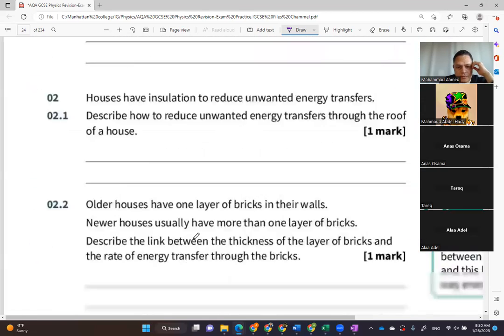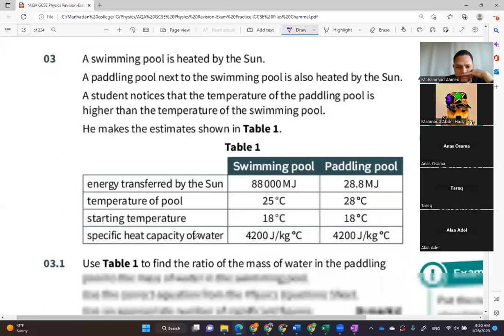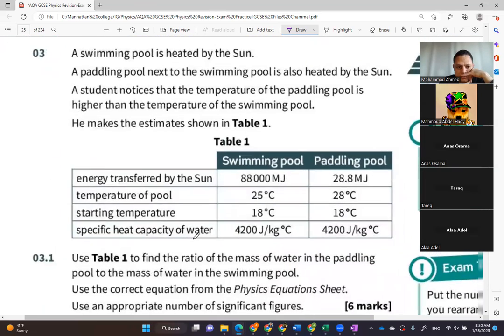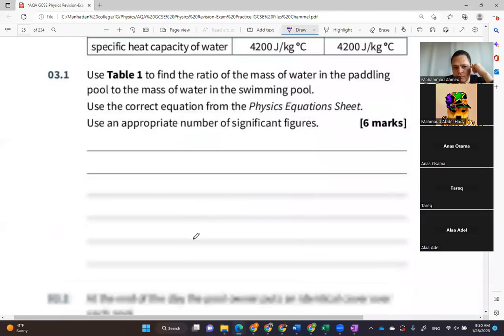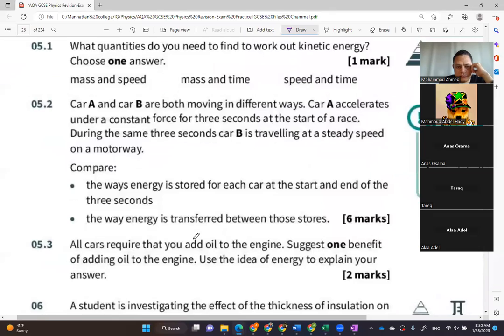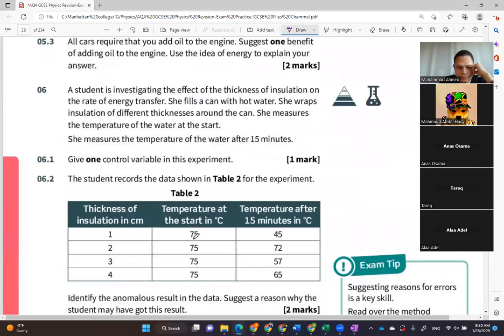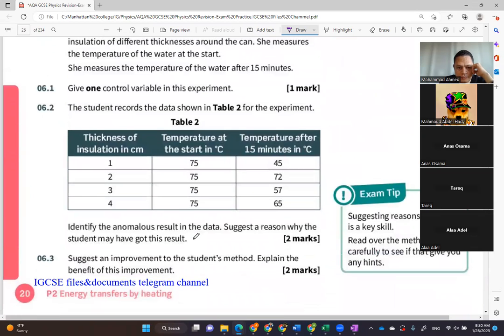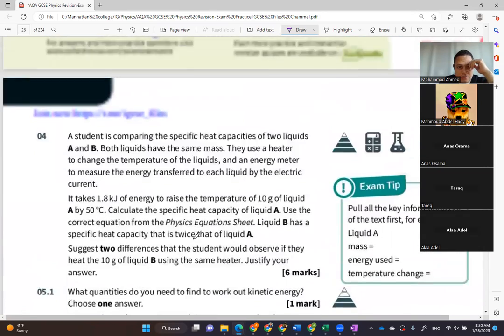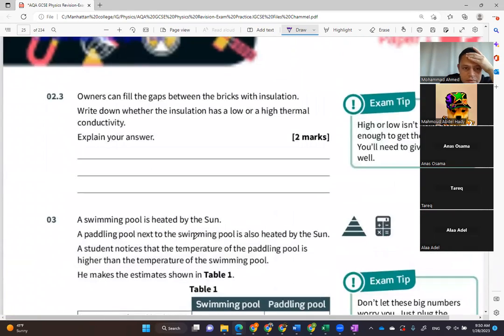Okay, we need to answer another question if we have one here. Okay, let me explain the last one again, and it's enough for today.